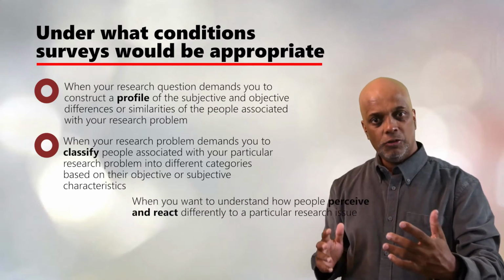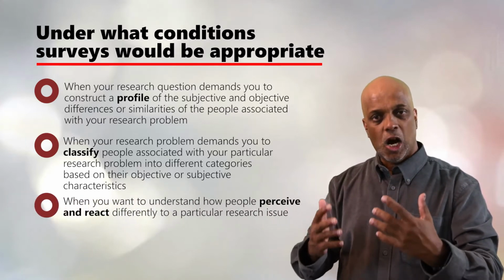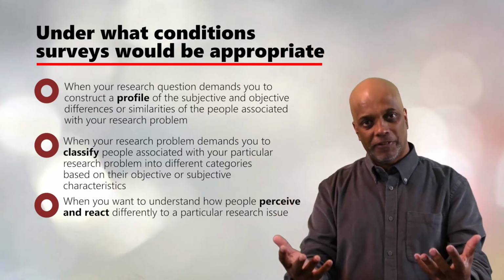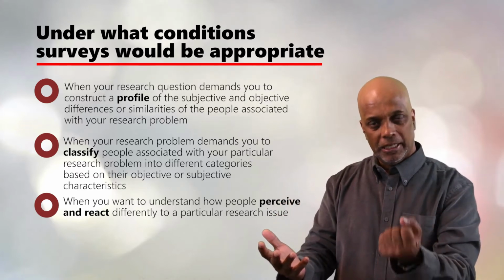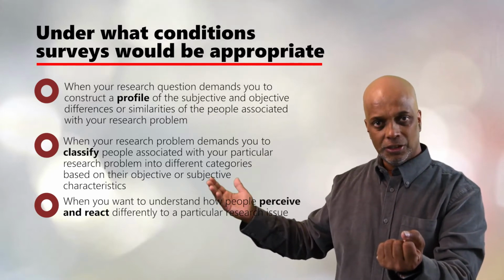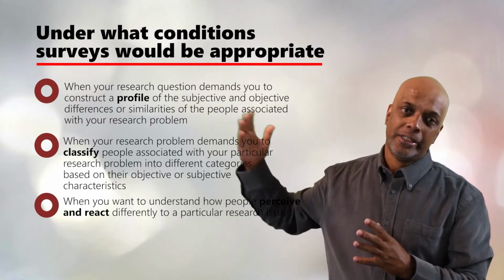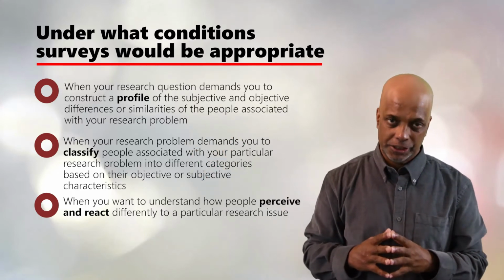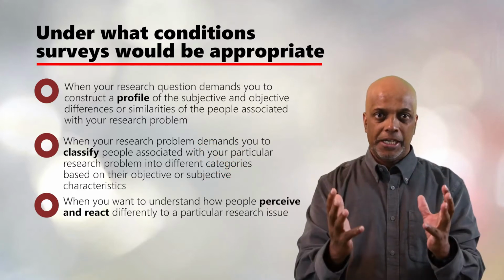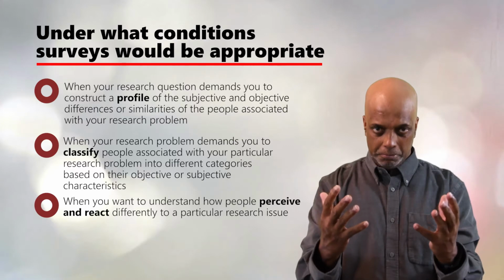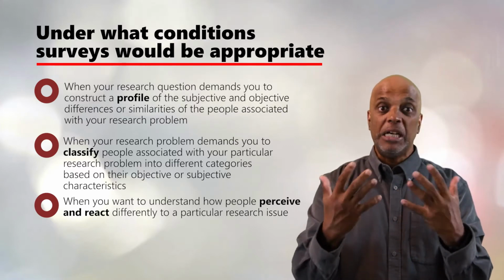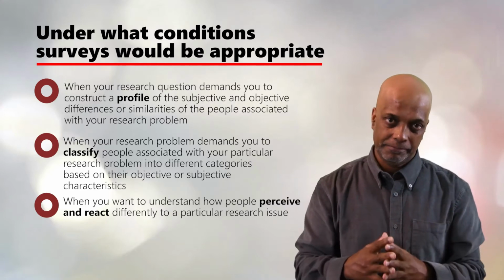Thirdly, when you want to understand how people perceive and react differently to a particular research issue, then you can use a survey research. So there, your idea is to understand or develop a description of how people perceive and react differently.